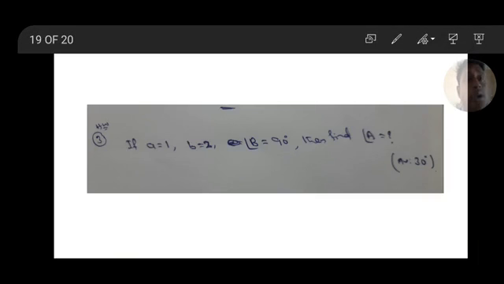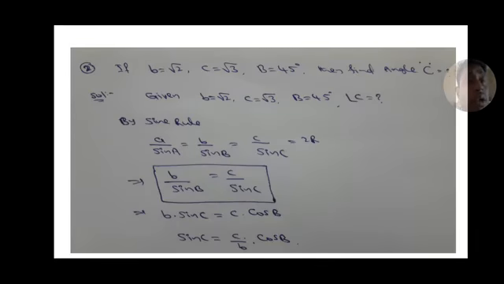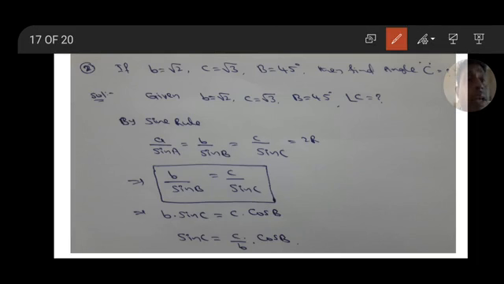Next problem, you have to do as homework. Similarly, small a equals 1, small b equals root 2, capital B equals 90 degrees, and find angle capital A. If you work it out, we get capital A equals 30 degrees. How? Similarly, from the sine rule, a by sin A equals b by sin B equals c by sin C equals 2R.